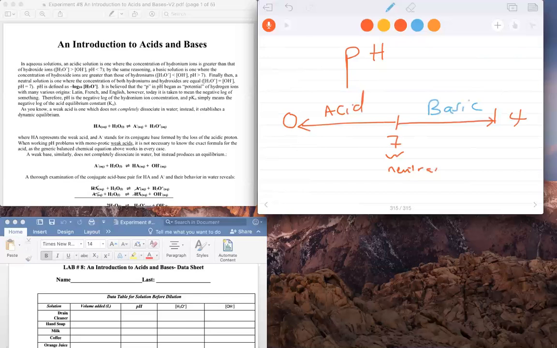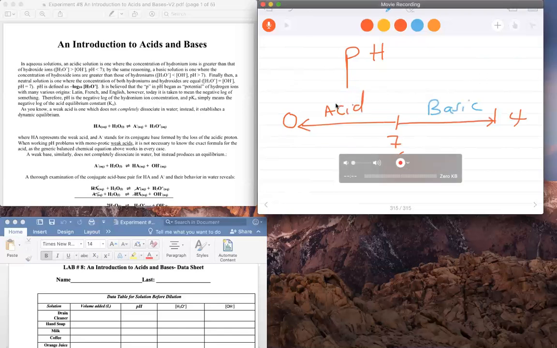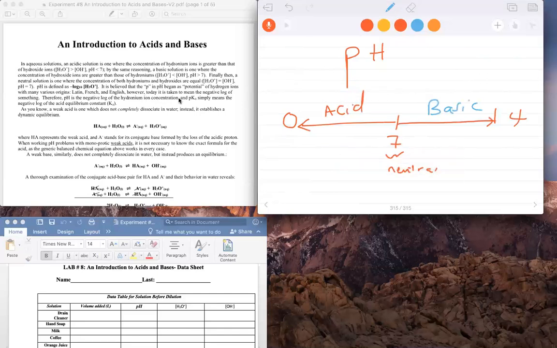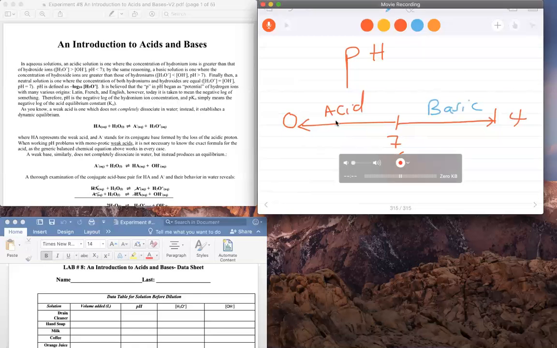And of course, you know the concept of changing litmus paper from blue to red and red to blue is also another criterion for classifying a solution as an acid or a base. So given the pH value, the lower it is, the more acidic the solution is.